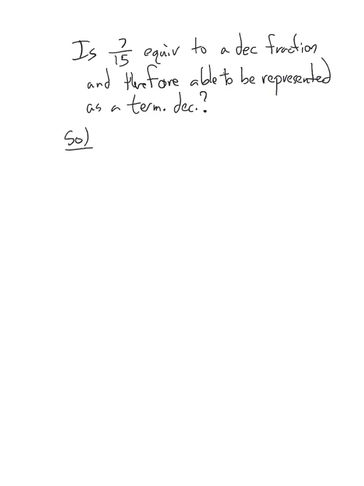So 7/15. Well, 15, I don't need to do a factor tree. That's 3 times 5. So is this equivalent to a decimal fraction? Well, can I multiply my denominator by anything to make it a power of 10? Well, here I can't.